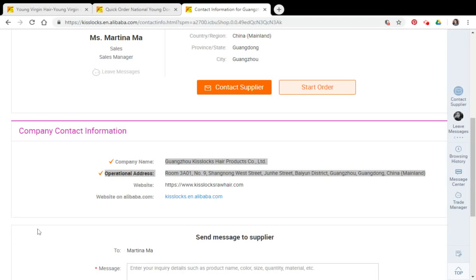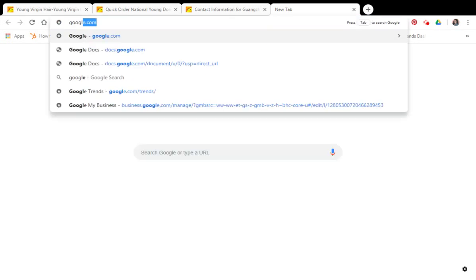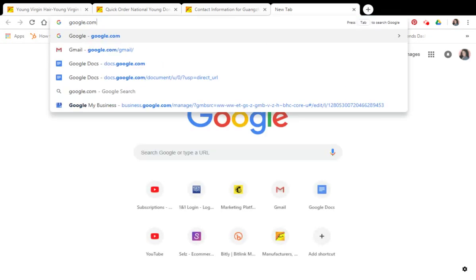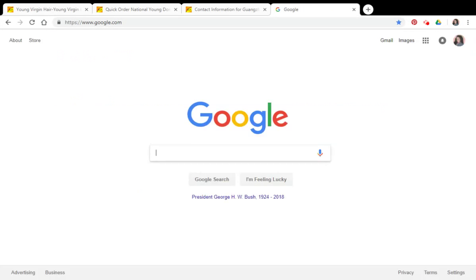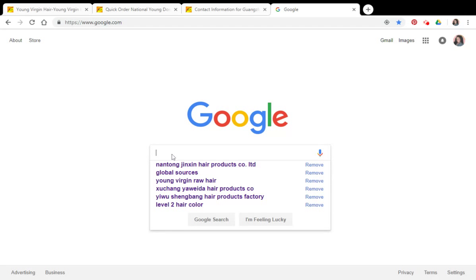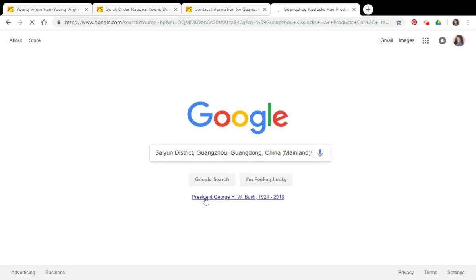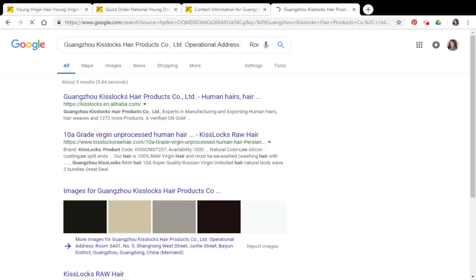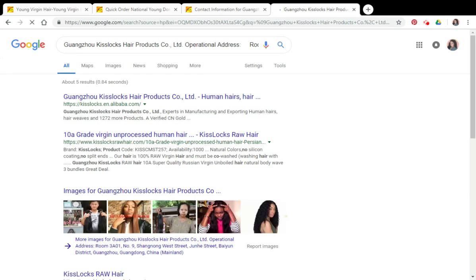These are your Chinese vendors for your machine wefts. So what I suggest you all do is simply do a Google search, cross-reference with Google to see what comes up on Google. Okay?